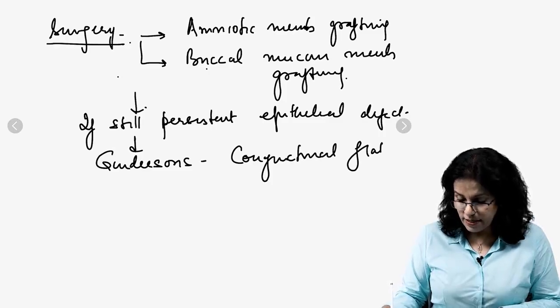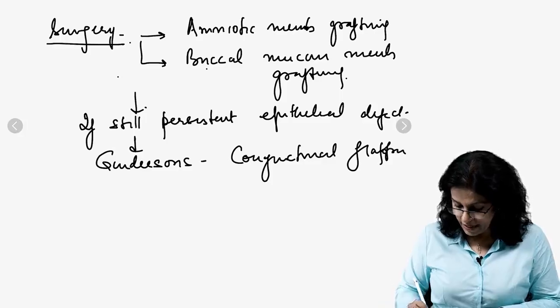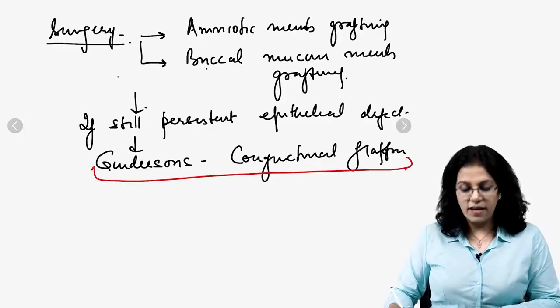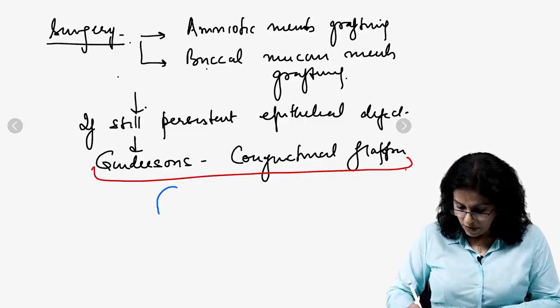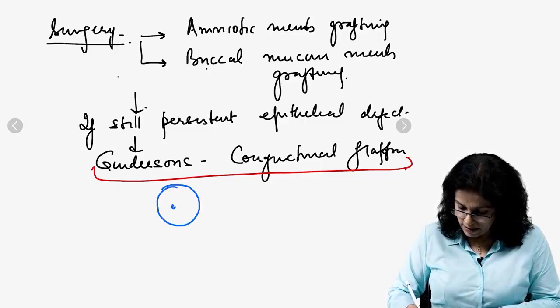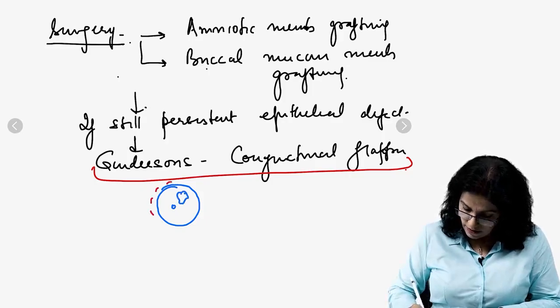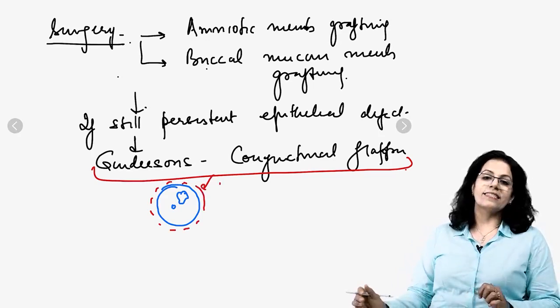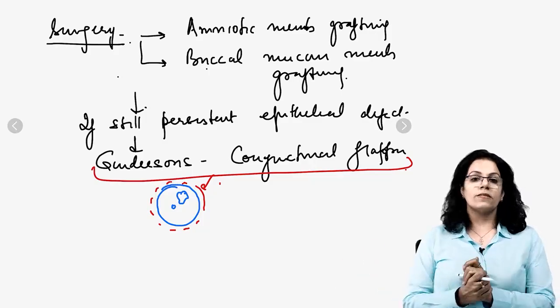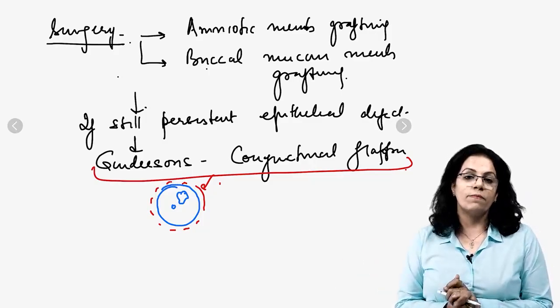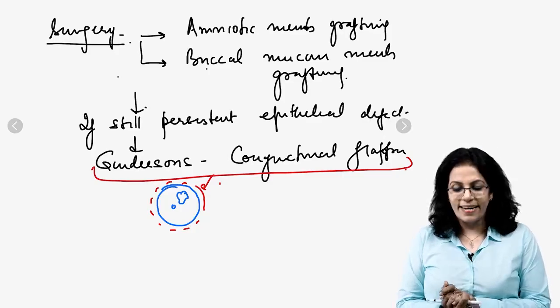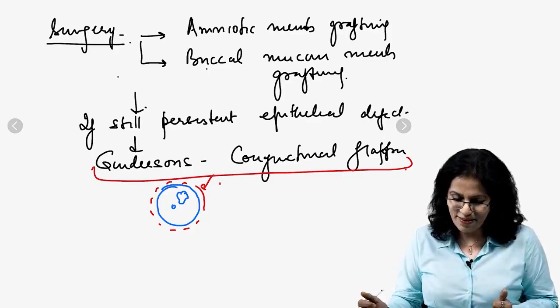So when you say Gunderson's conjunctival flapping, what you are actually doing here? We are covering the whole corneal area. So there is an ulcer here, not healing. You are covering the whole thing with the flap of conjunctiva. Okay. So this is total covering it. This is what is called Gunderson's conjunctival flapping to help to heal the ulcer. Right. That was grafting. This is flapping.